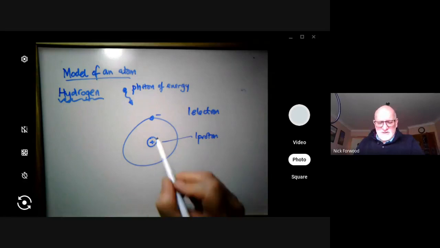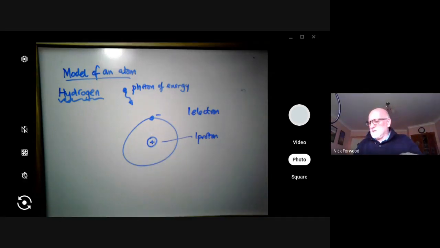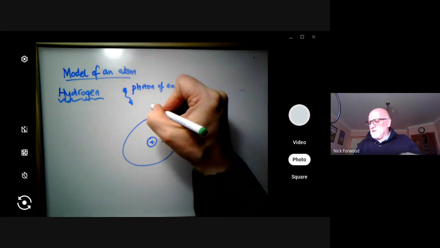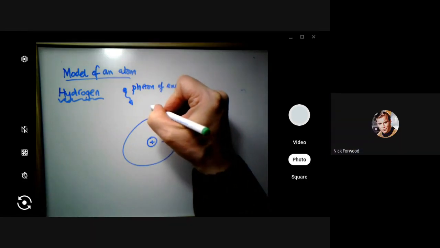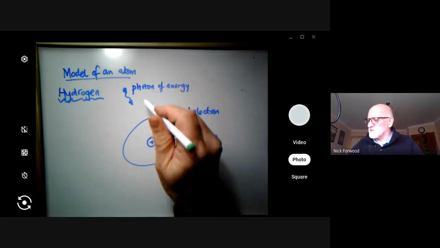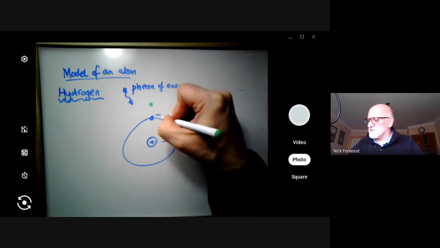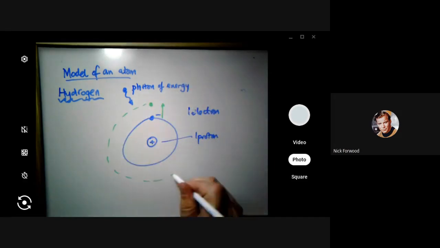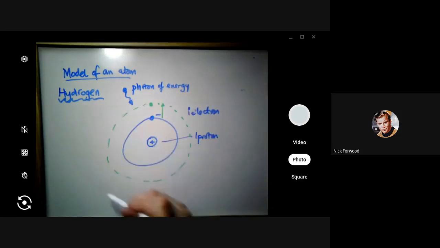So it's possible for this single electron to absorb the energy, and it's a bit like going up the rungs or the floors in the nuclear bunker. That single electron could then absorb the energy, and it can go up what's called an energy level. And then it would just be orbiting at a slightly further level away from the proton like that.